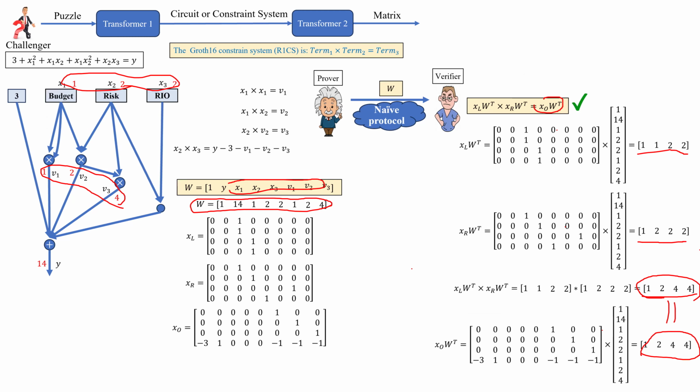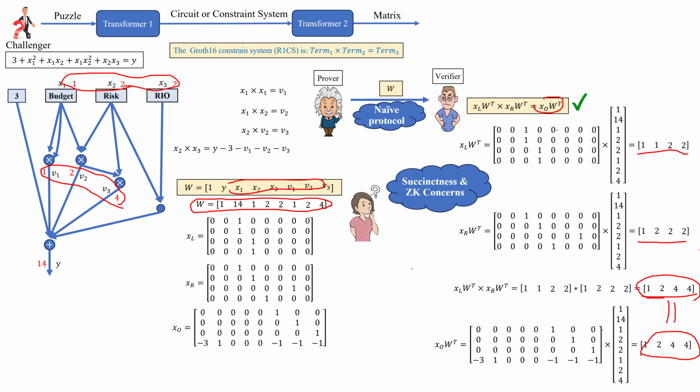Good. But the question here is, what is the concern? What is the issue with this protocol? So the concern here is that the protocol is not succinct, because suppose that the size of the circuit is so big.